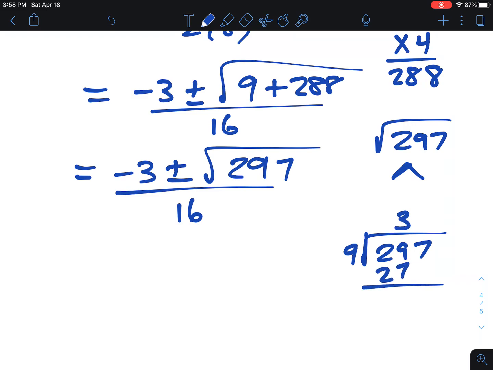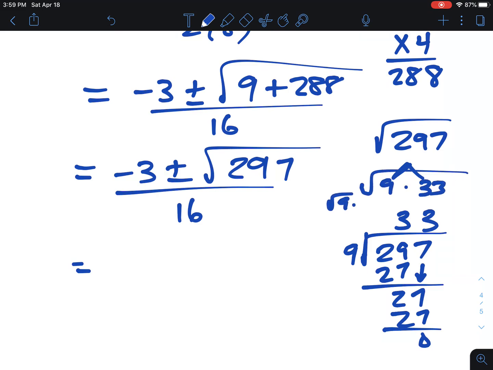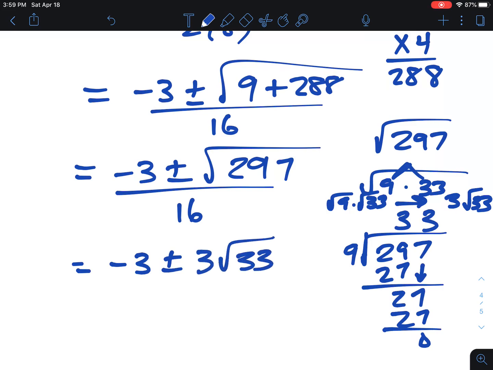So that would be 3 to make 27, and then 27 again, so another 3. So 33. So this would be 9 times 33, which is the square root of 9 times the square root of 33, which is 3 square roots of 33. So it's negative 3 plus or minus 3 square root of 33 all over 16.